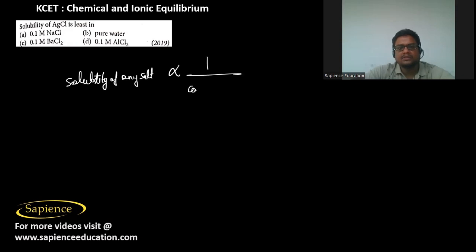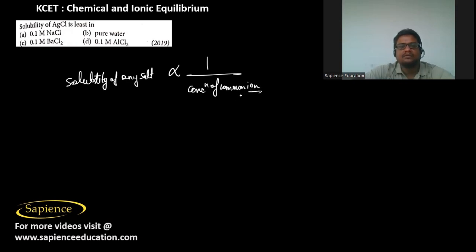Then here it is told the solubility of AgCl is least in. Now the rule is that the solubility of any salt is inversely proportional to the concentration of the common ion.